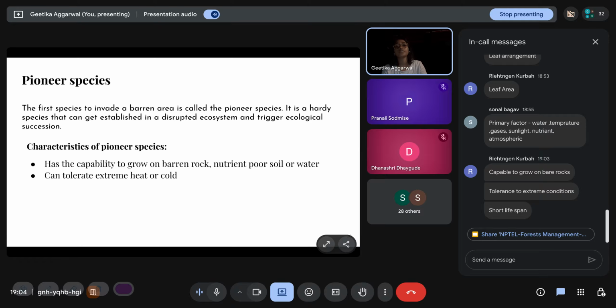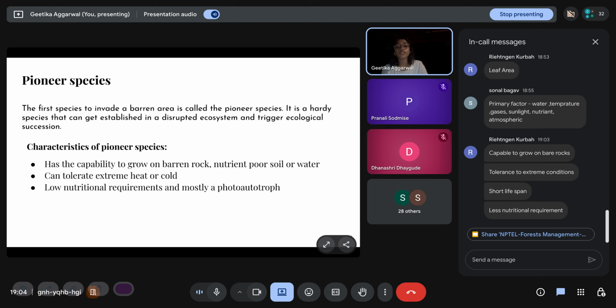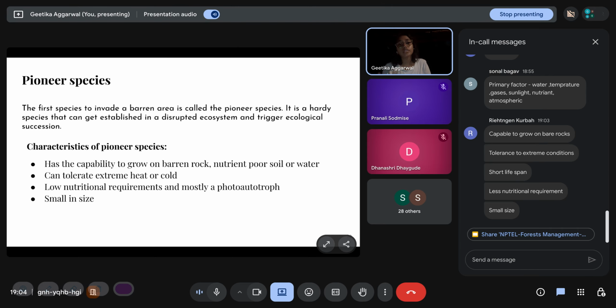Correct, because these species are going to get replaced by other species. And also because there's not a lot of nutrients, they should have a short lifespan. If they have a very long lifespan, they will require a lot more nutrients to establish themselves.